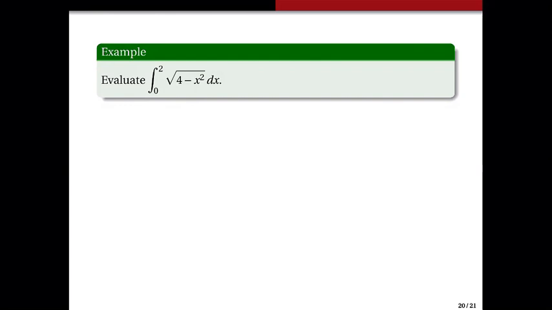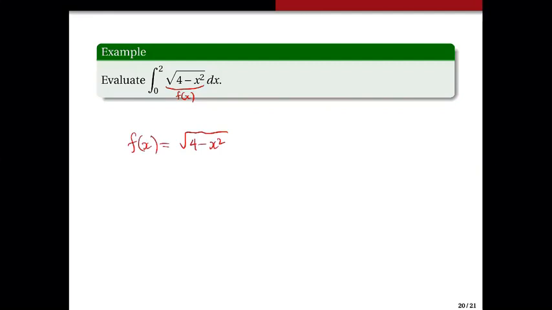So for now, we will do it this way. This is your function f of x. You have the function f of x equals square root of 4 minus x squared.